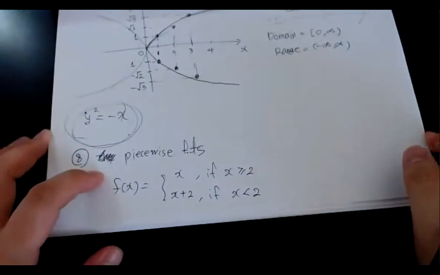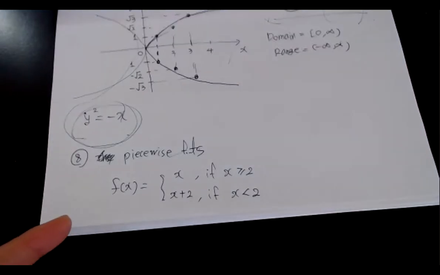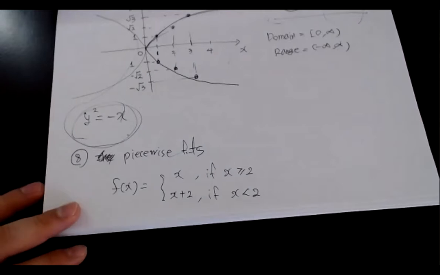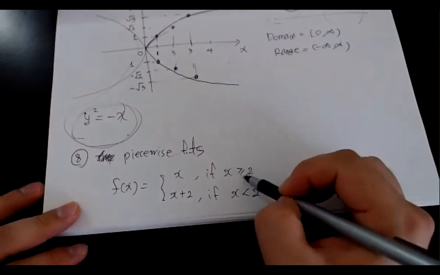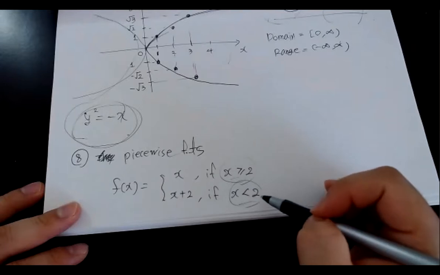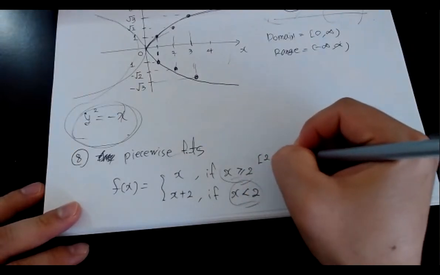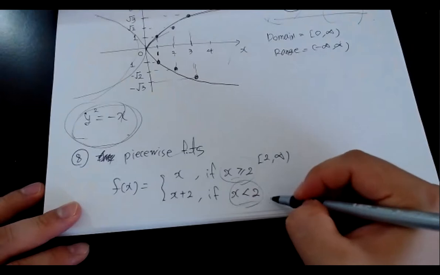Actually, I showed you how to plot the graph of piecewise functions when I covered the absolute value function. First, we need to figure out the intervals for each definition. So x greater than or equal to 2 means 2 to infinity. x less than 2 means negative infinity to 2.